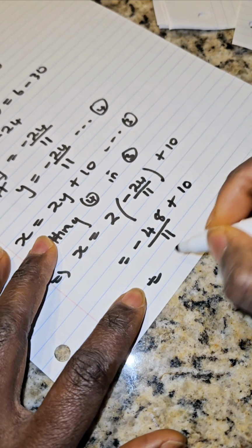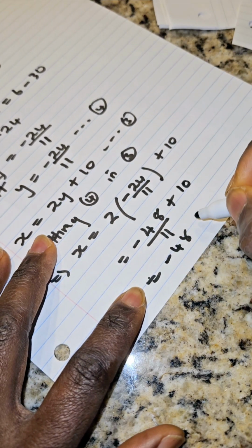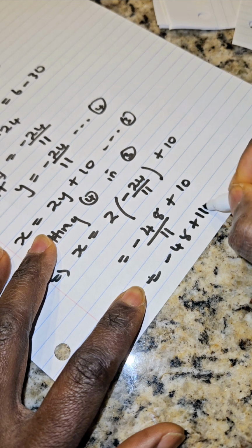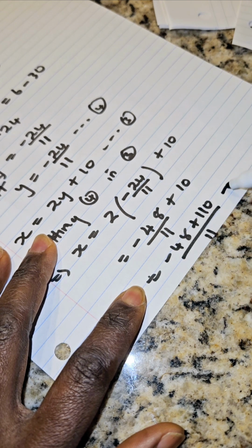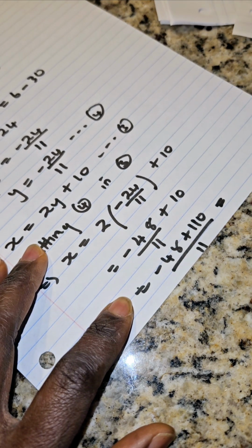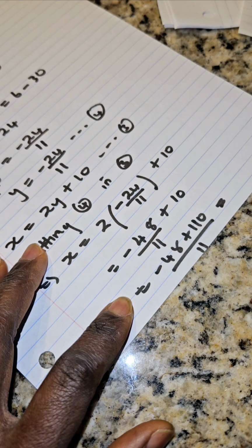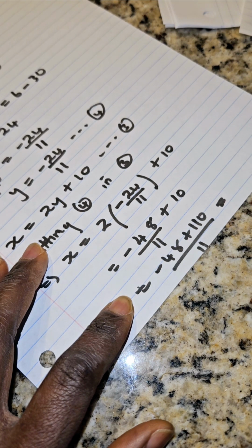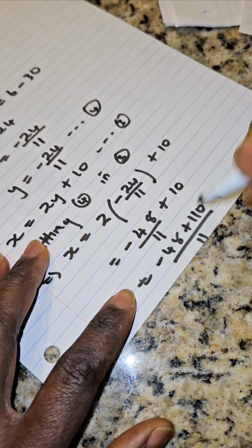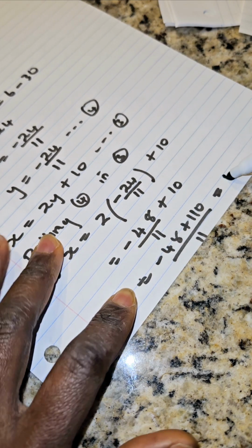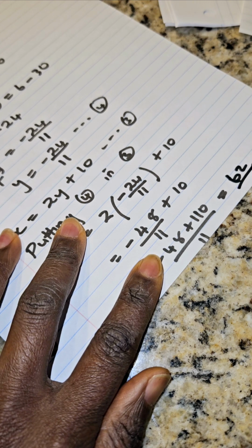And this will give me negative 48 plus 110 all over 11. So I will do 110 minus 48, which I think is 62. 62 divided by 11.